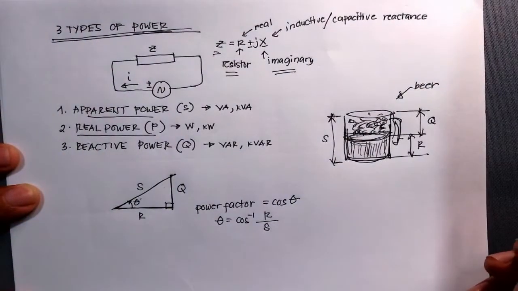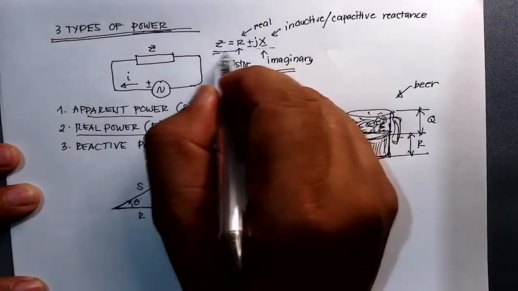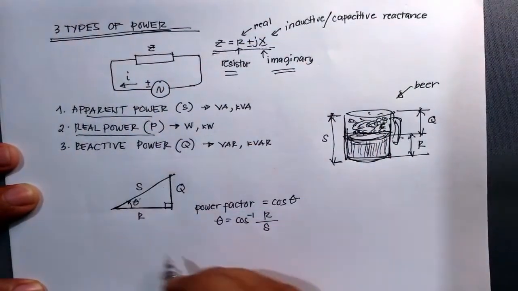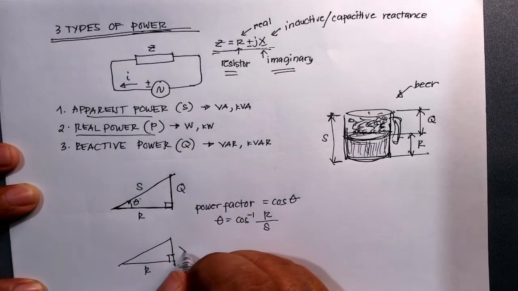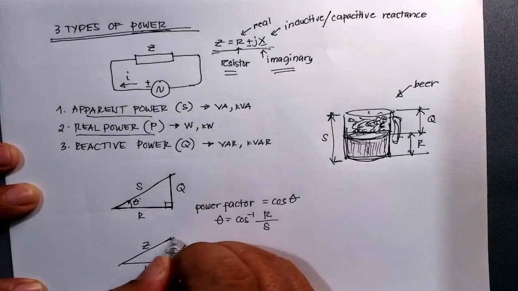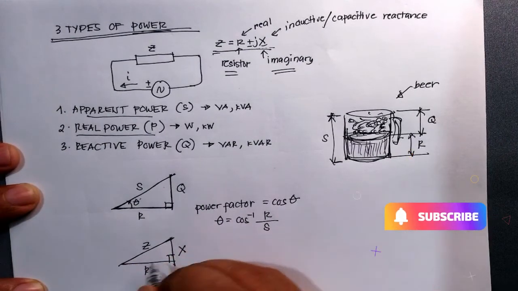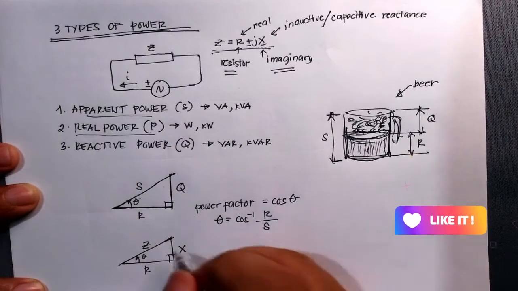Okay, so by the way, the three types of power are based on the impedance. Therefore, your impedance also can be written in a right triangle. You have here the R, and here is your X, and this is your Z. Your Z, which is the impedance, is the hypotenuse, and also you have here your theta.